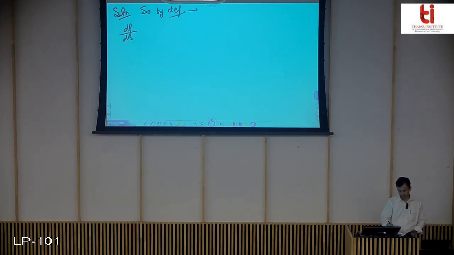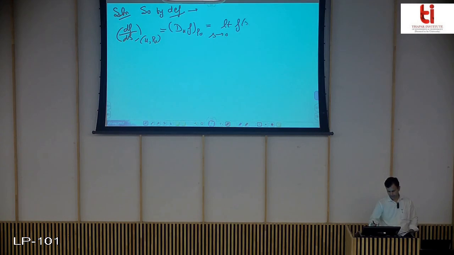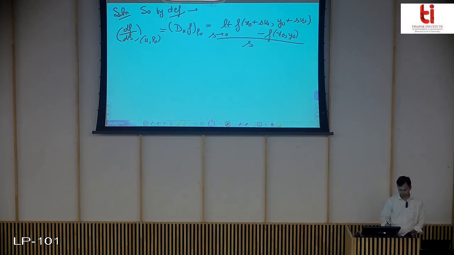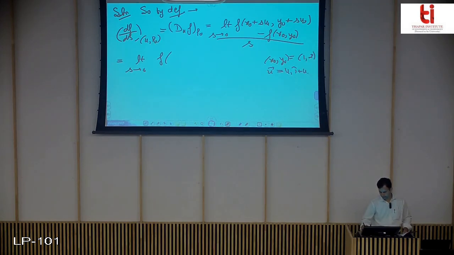you have the directional derivative. It is the limit as s tends to 0 of f(x naught plus s u1, y naught plus s u2) minus f(x naught, y naught), upon s. The point x naught, y naught is given, and the unit vector u1 i plus u2 j is given.